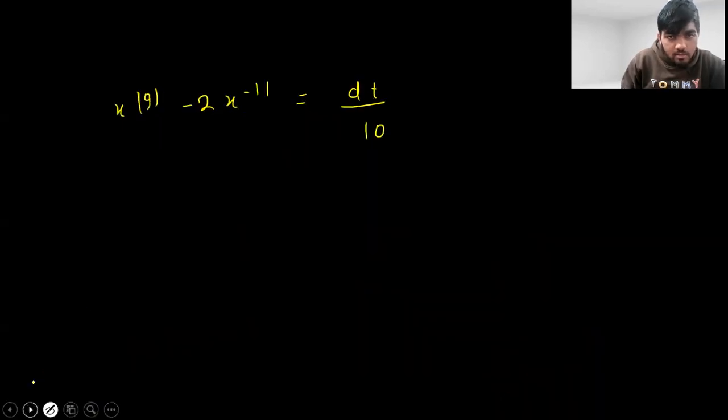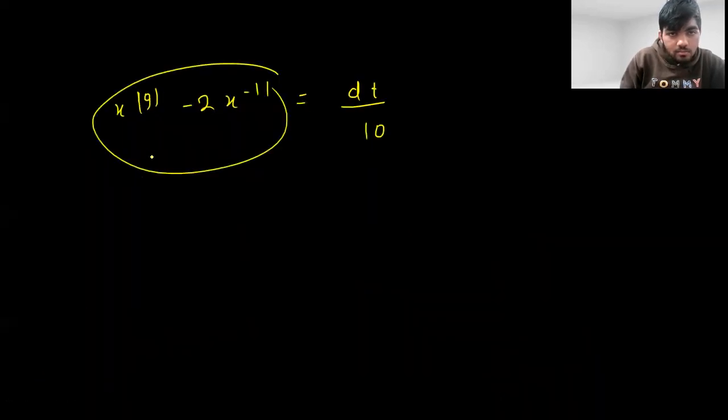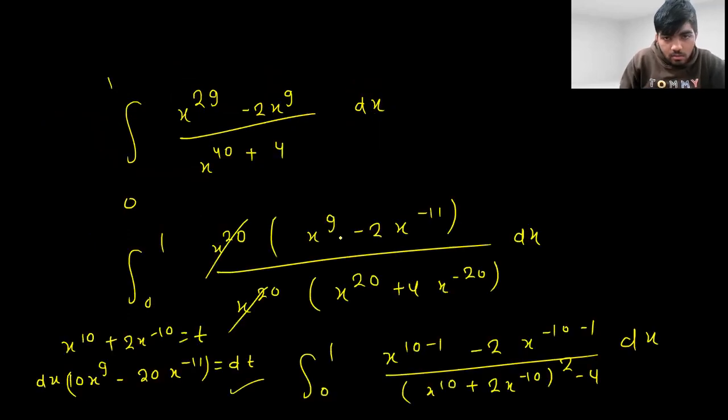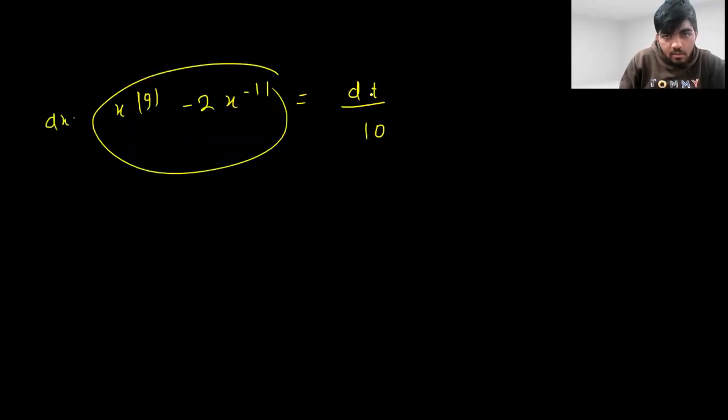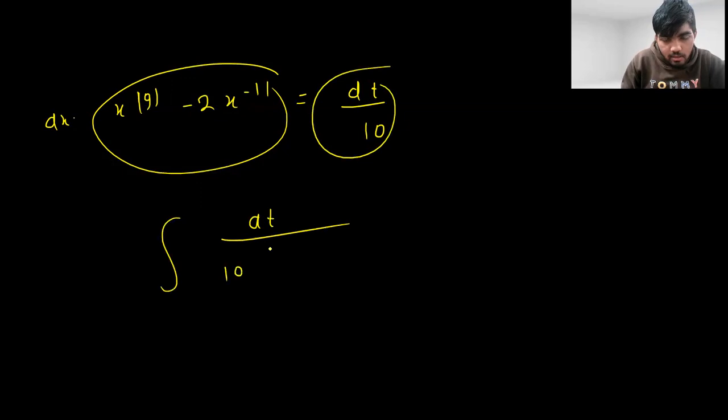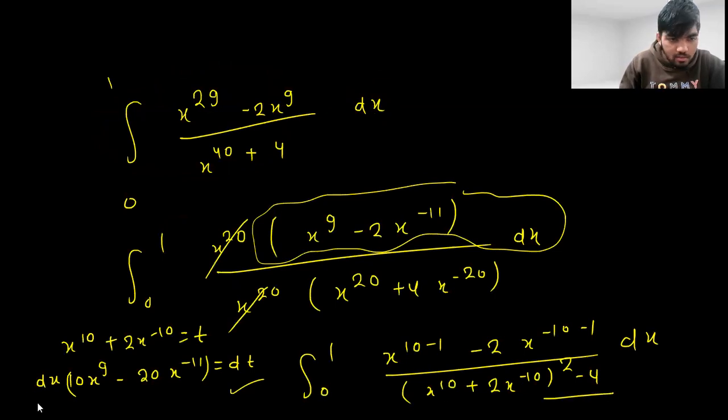From here you can substitute the value of this thing by dt by 10. So this will become dt by 10 over t squared minus 4.